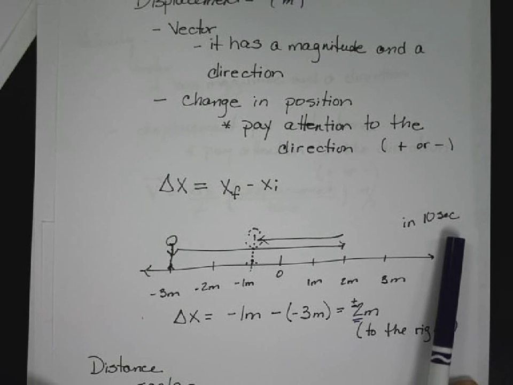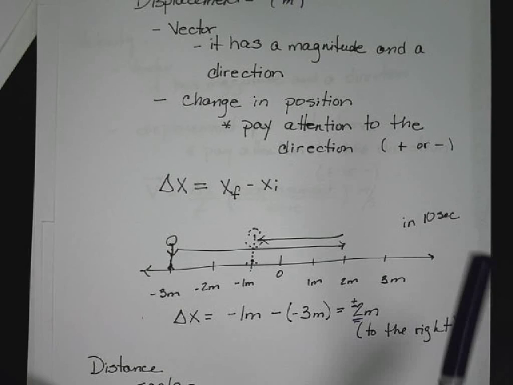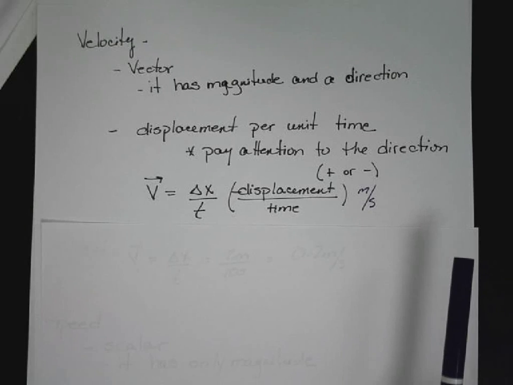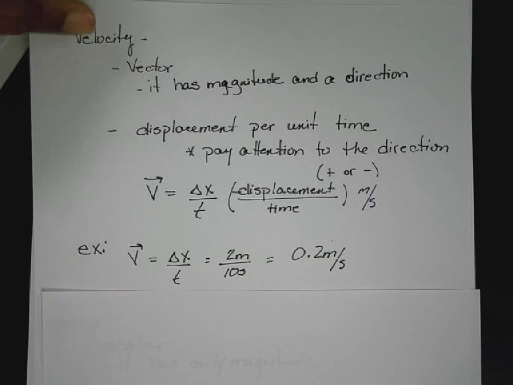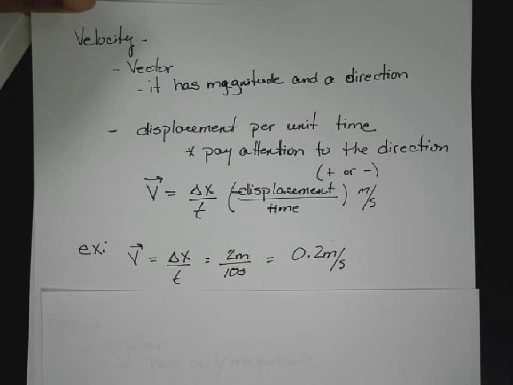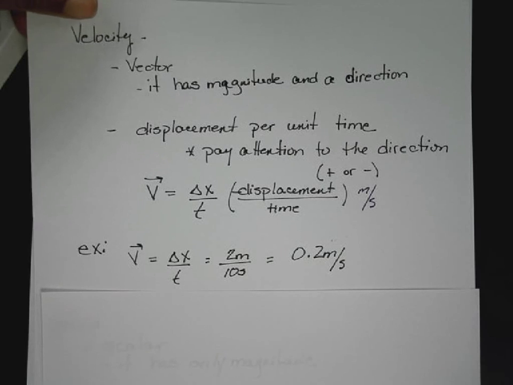So make sure you write that down. He does it in 10 seconds. What would his velocity be? Well, according to the equation, velocity is displacement over time, so it's 2 meters divided by 10 seconds, so 0.2 meters per second. Pretty straightforward. It is displacement divided by time.